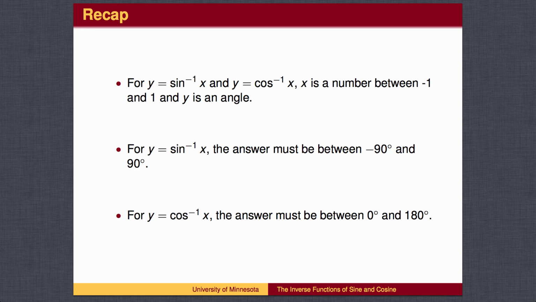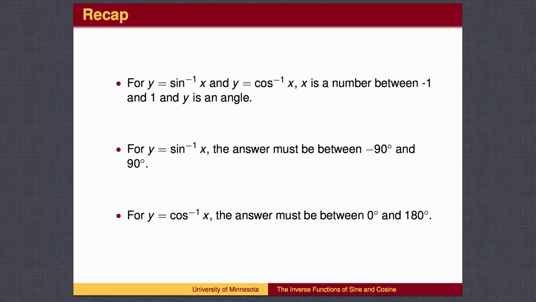To recap, the inverse of a trig function reverses the roles of the input and the output so that the input to an inverse trig function is a number and the output is an angle. The numbers that are input into the inverse sine and inverse cosine functions range from -1 to 1 and include the special unit circle values of 1/2, square root 2 over 2, and square root 3 over 2.